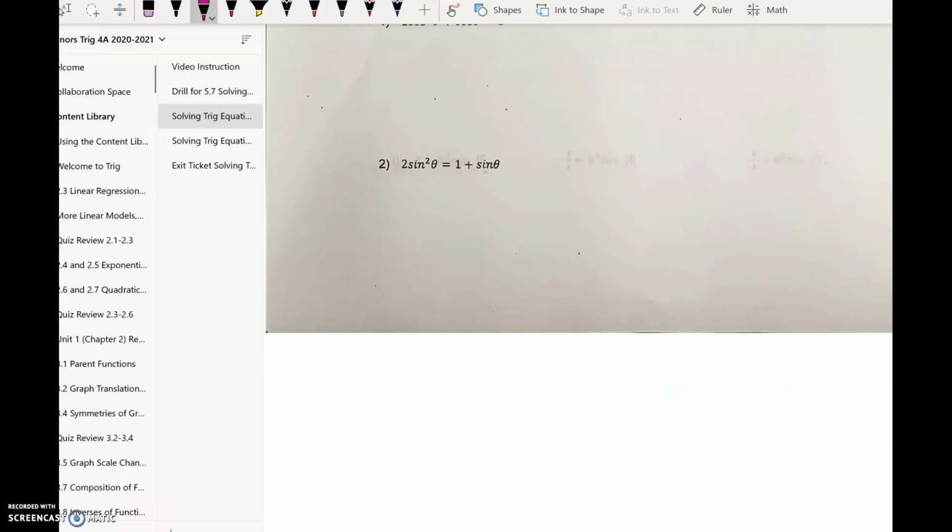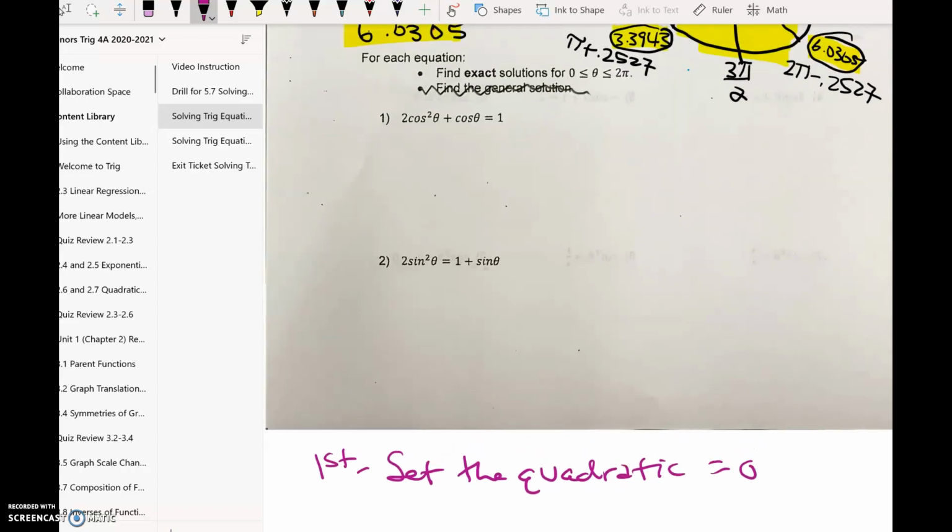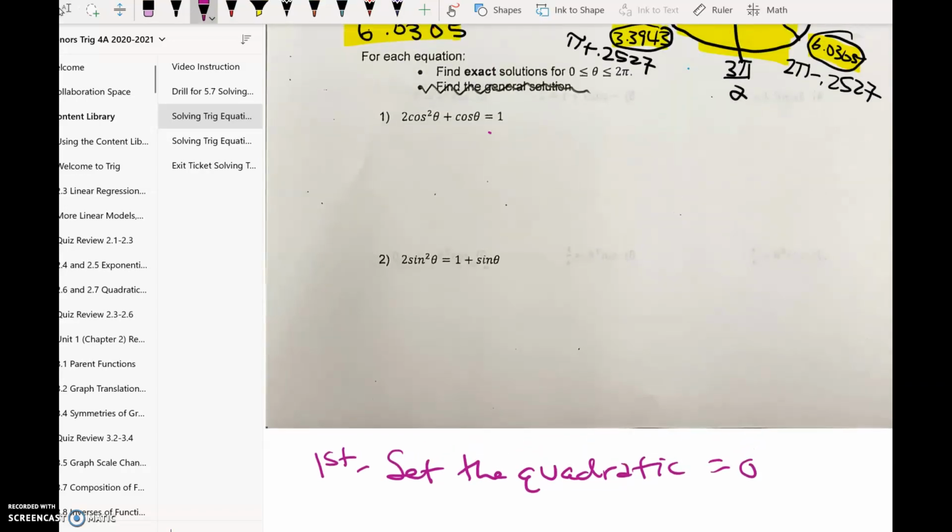And our first step, whenever you're solving a quadratic, is to set the quadratic equal to 0. You have to do that to solve a quadratic. So for number 1, we're going to subtract 1 from each side, and we get 2 cosine squared of theta plus cosine of theta minus 1 equals 0.